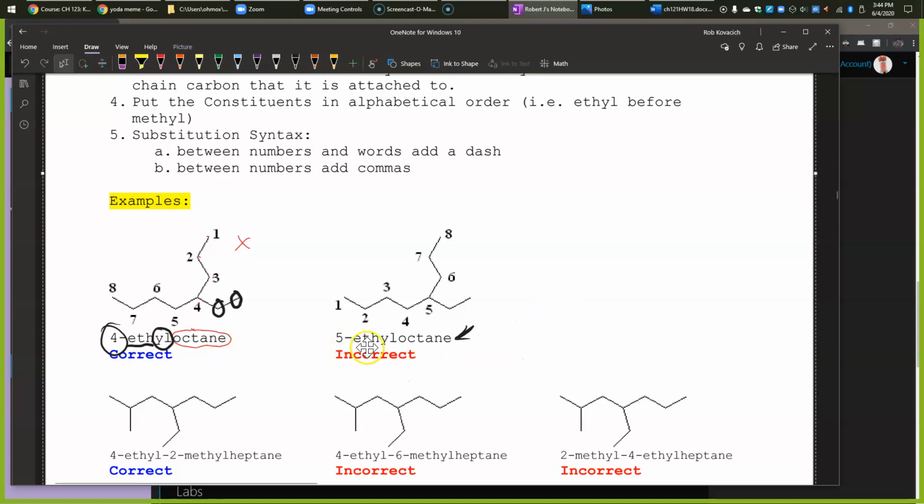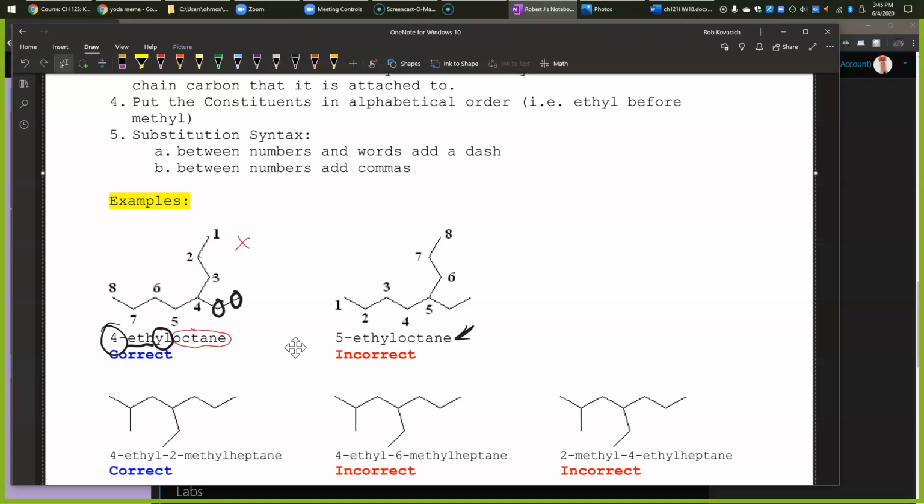So, why is 5-ethyl octane, although it's wrong, why is it not a terrible name? Because at least you know that if you're counting it that way, there's something connected to the fifth carbon. If you drew 5-ethyl octane, what would you draw? You draw that molecule, right?